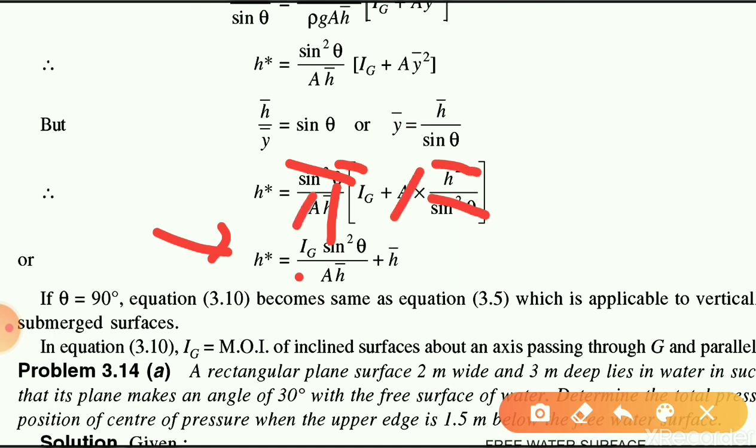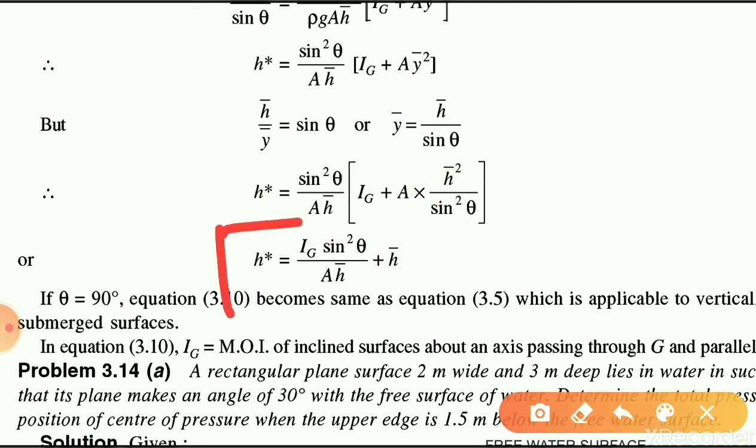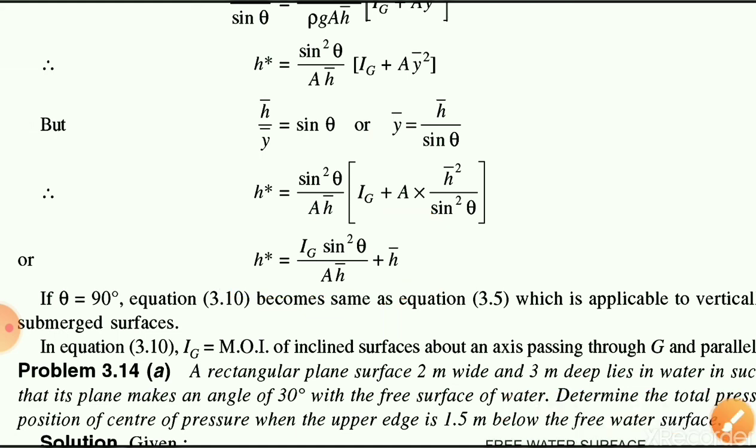So it will only become h̄. This becomes the expression for h*. So h* is the distance of the center of pressure from the free surface of the liquid, which is equal to Ig sin²θ divided by A h̄, plus h̄. Okay, thank you.